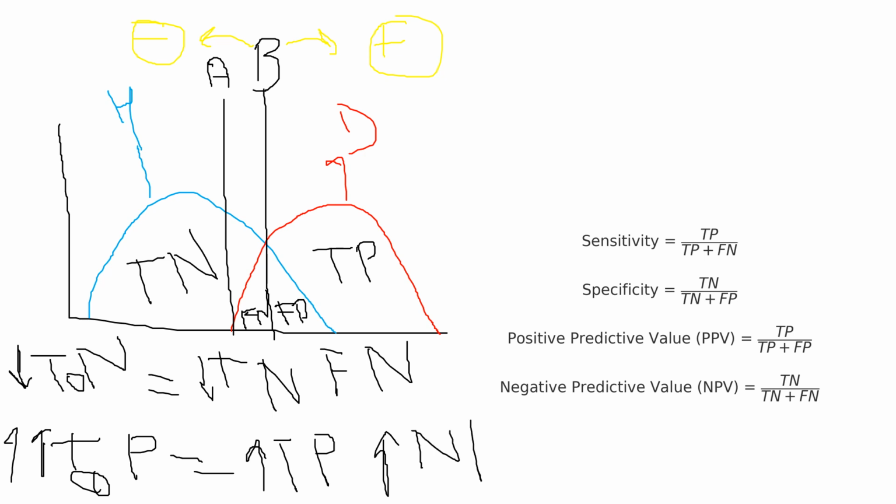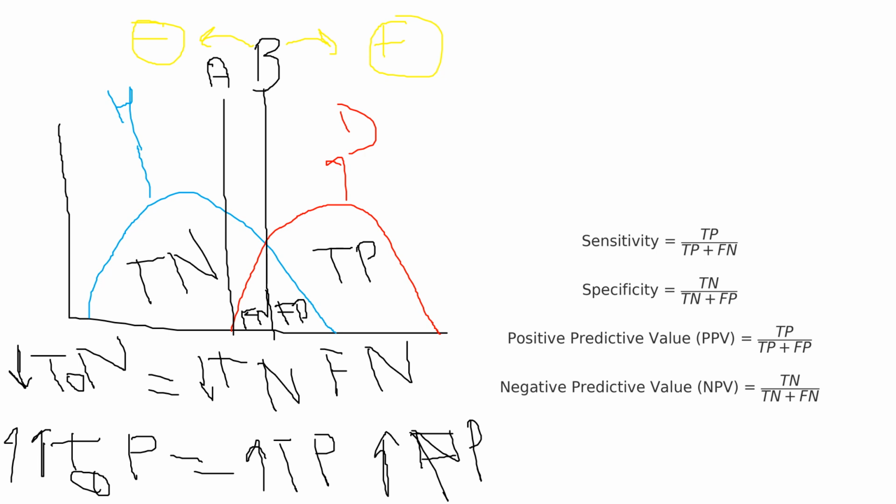So if we understand this and we know these formulas, there is no way you are getting this question wrong. If they tell you that the cutoff value has moved from B to A, we know this much. Okay, so let's derive now.